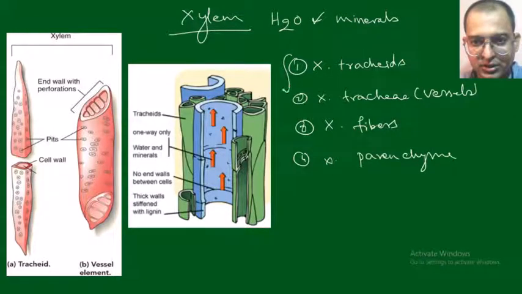The first three are dead or non-living cells, whereas parenchyma is the living type of cell.